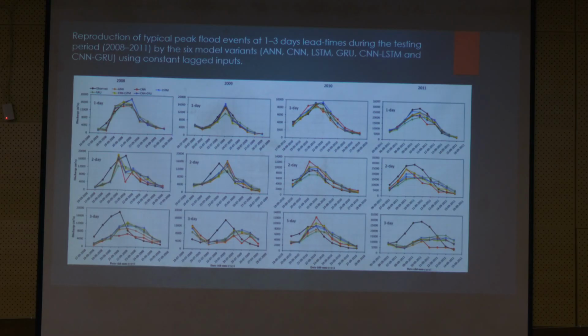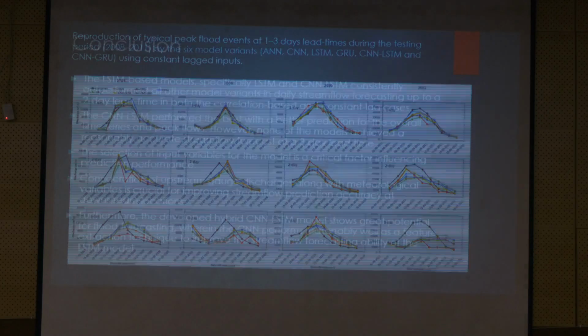So that is exactly what we are saying: day 1 is always better, for day 2 all 6 models are still okay, but for day 3 you can clearly see some are doing better, some are not doing better when it comes to peak flows for the same period 2008 to 2011.